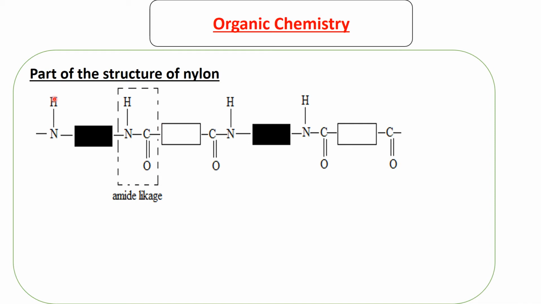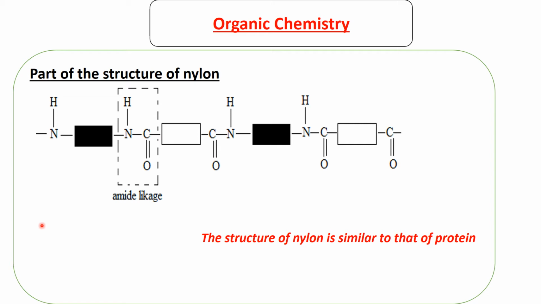As you can see, we have HN, then we have chains of atoms, then the amide linkage, then this side of carbon and oxygen. When we reach here, we've got another amide linkage, just like that. So in short, this keeps on repeating till the entire nylon is formed.